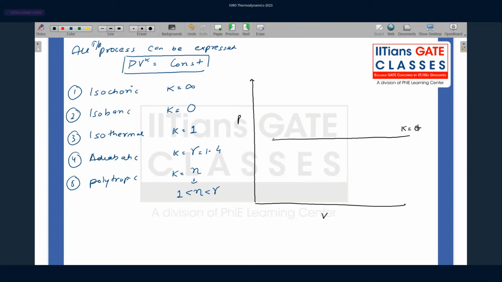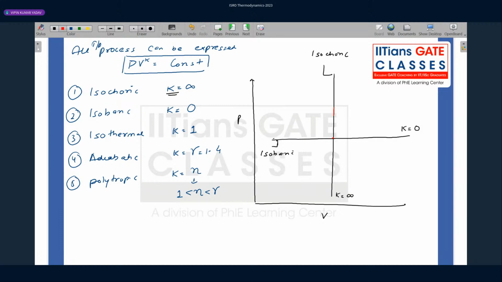Sorry, the slope of this line is 0. And what is the slope of this line? Here, K equals infinite. So you see, this is your isochoric line. And this is your isobaric constant pressure line.